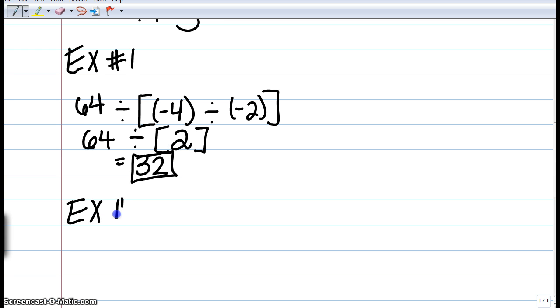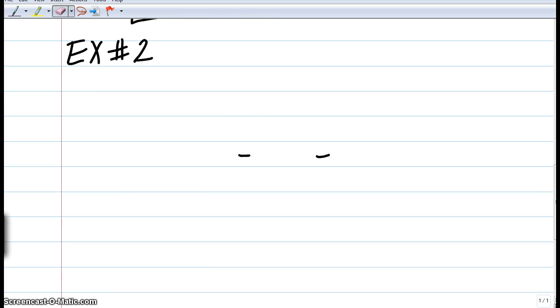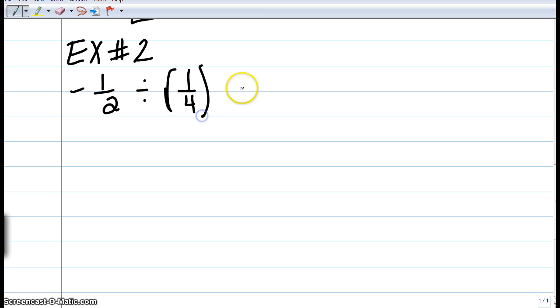Example number 2. Okay, so we have negative 1/2 divided by 1/4 divided by negative 4.